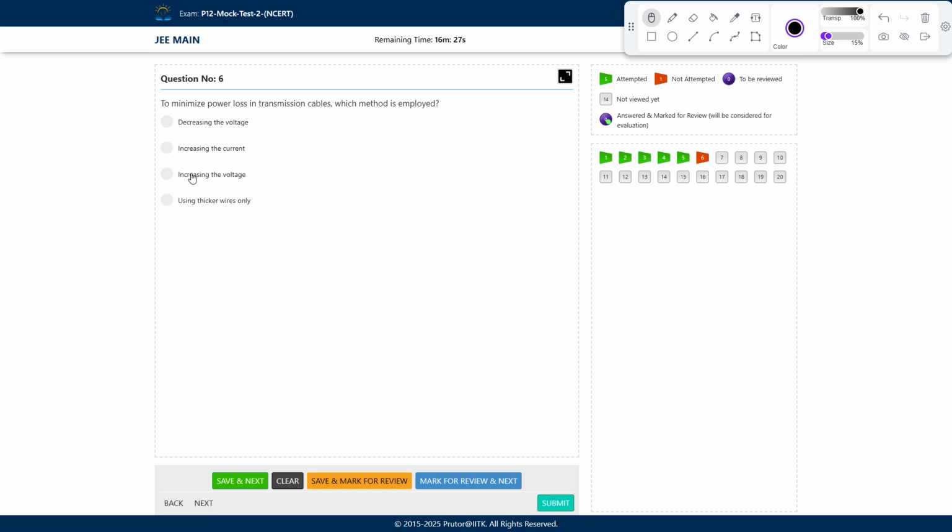So to minimize power loss in transmission cables, which method is employed? Okay, so there is a device which is being operated, which is of rated power P and being operated by the voltage V and current I. Okay, there is a device which we use to operate and its power rating is P, and it is given by voltage supply given to that device and current flowing through that device.